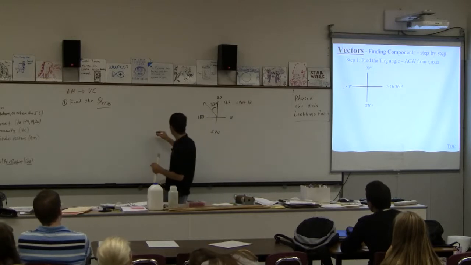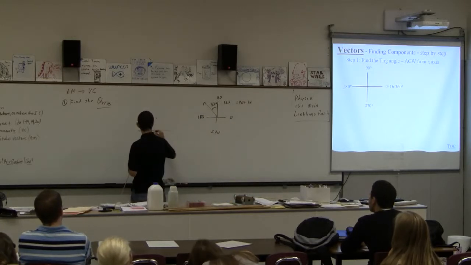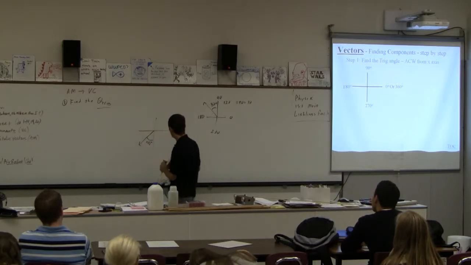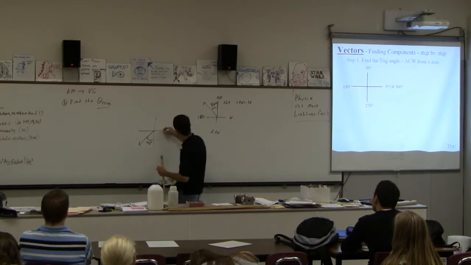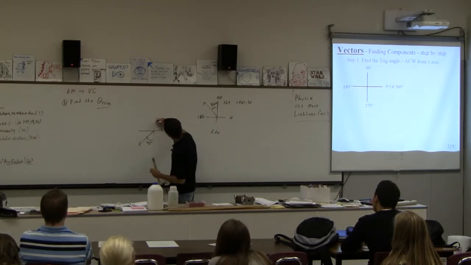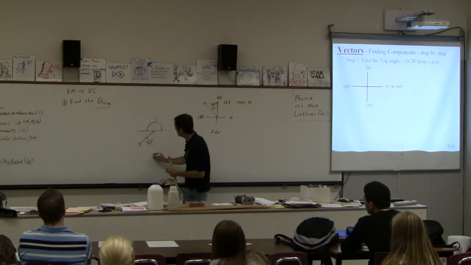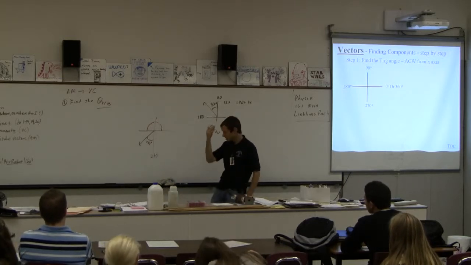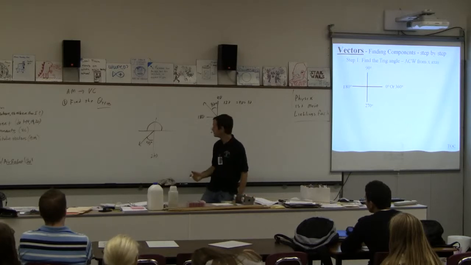Or if I give you an angle like this, and this one is 43 degrees, it's past 180 but not all the way to 270. In fact, it's 43 short of 270, which makes it 227.